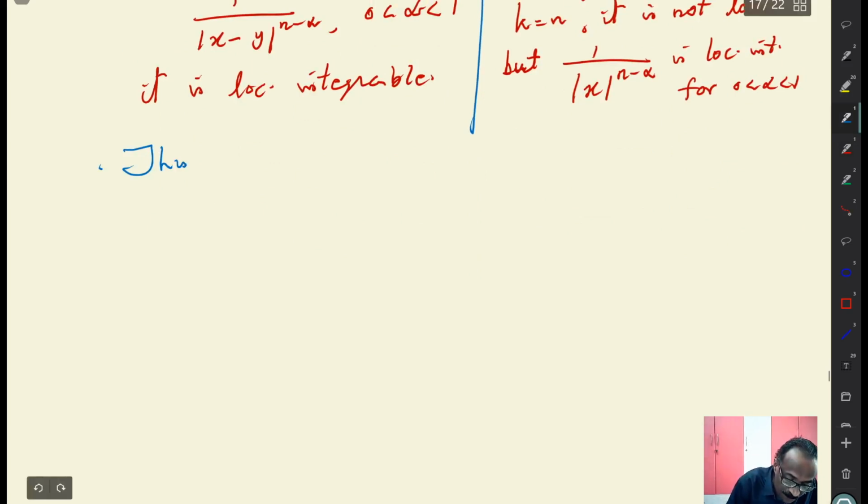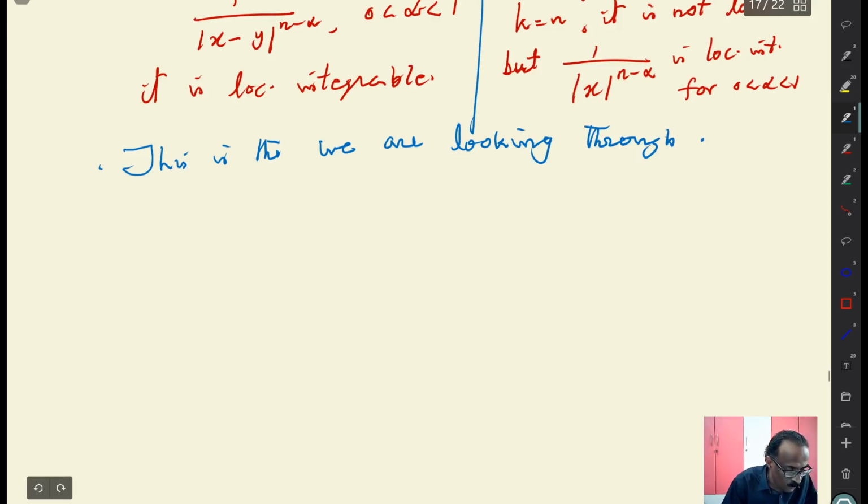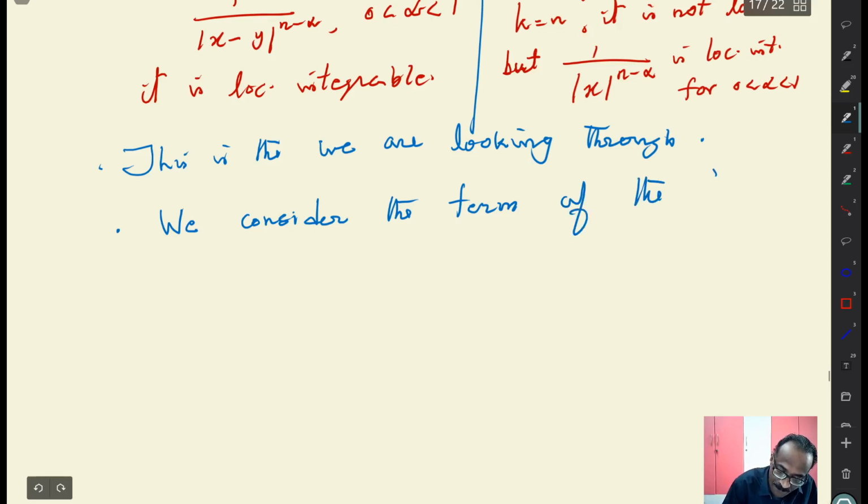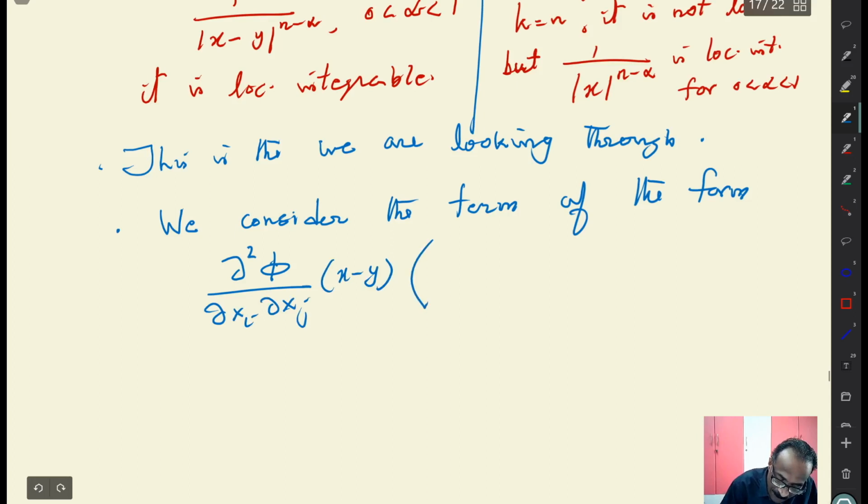So to play with it, we consider a term of the form d square phi by dxi dxj at x minus y, times f of x minus f of y.